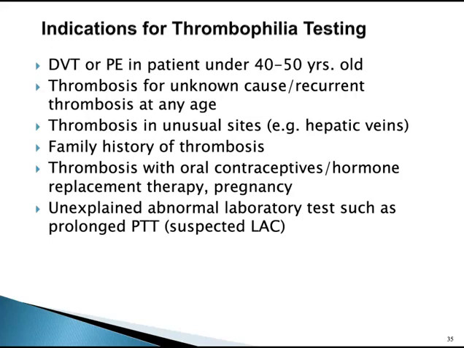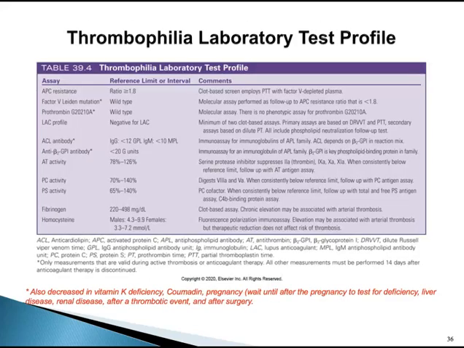So a patient who is under 40 to 50 years old having a DVT or a PE, thrombosis for unknown causes or recurring thrombosis at any age, thrombosis at unusual sites like hepatic veins, a family history of thrombosis, thrombosis with oral contraceptives or hormone replacement therapy or pregnancy, and any unexplained abnormal lab tests such as a prolonged APTT because of suspected lupus anticoagulants.